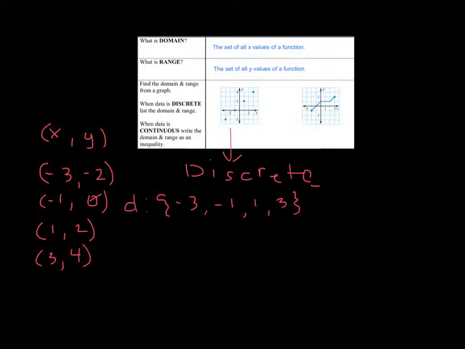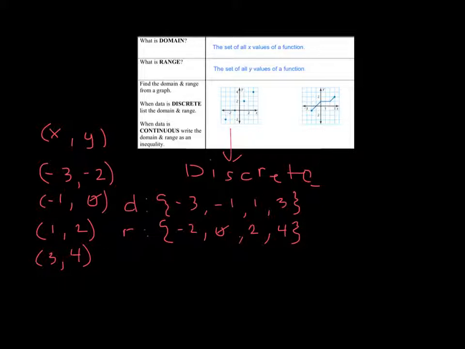And we use the little curly brackets, which don't look great here on my screen, but you know what they are. For our range, we're looking for our y values. So we are going to list them. They are -2, 0, 2, and 4.